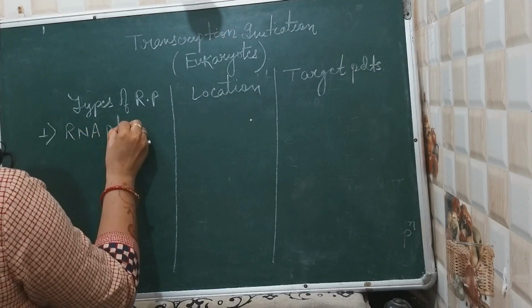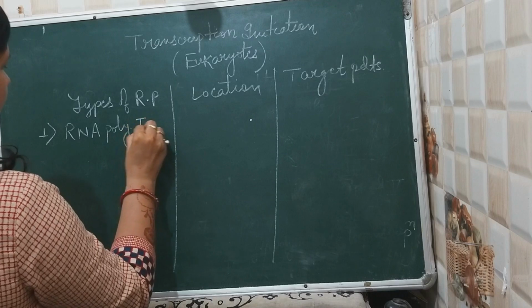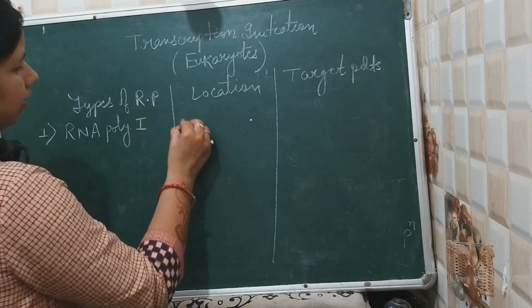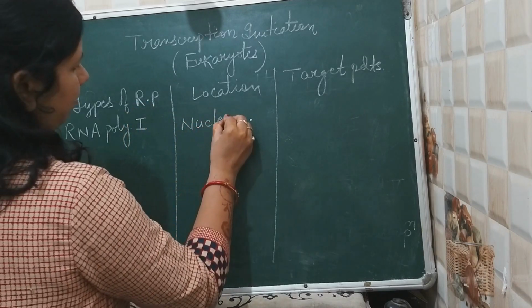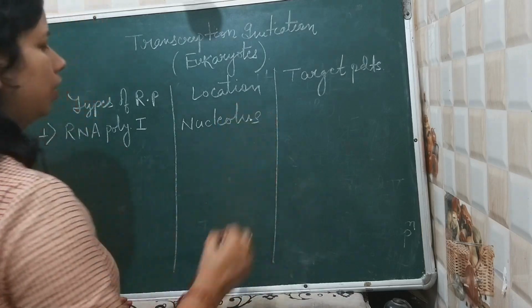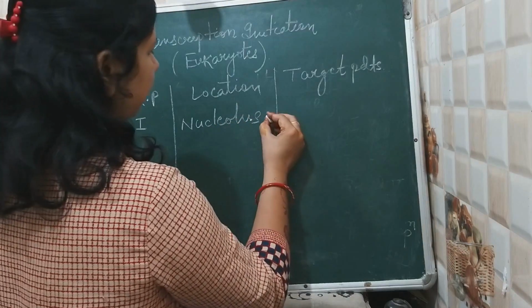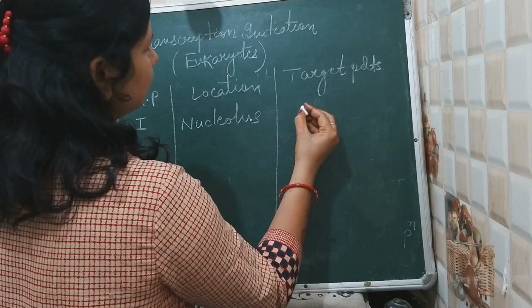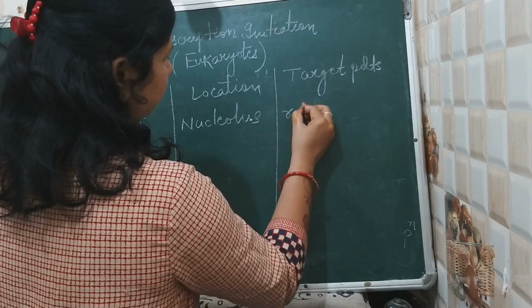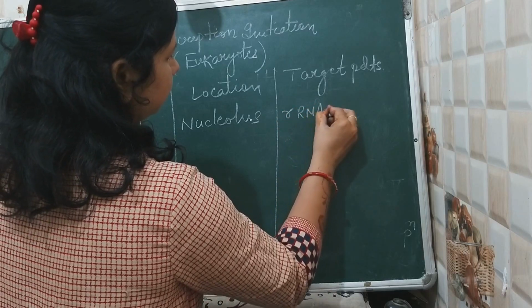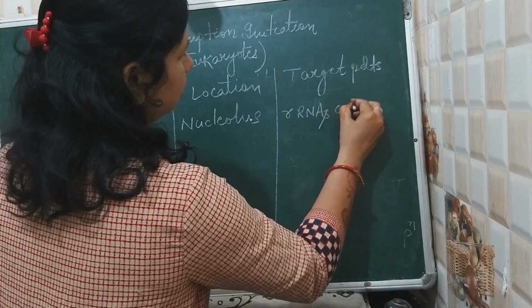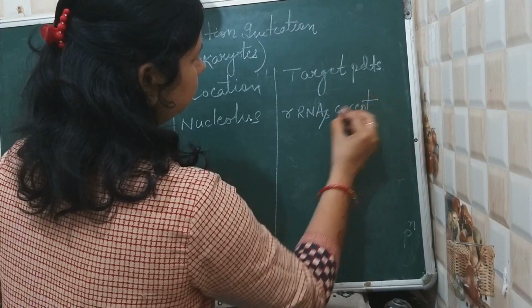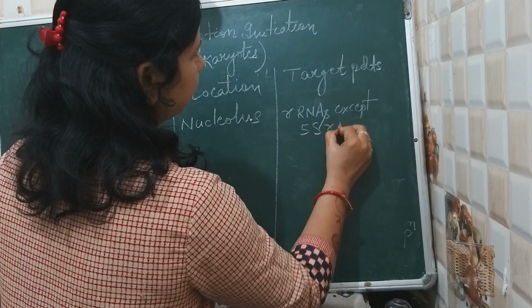RNA polymerase type 1 is located in the nucleolus and it is mainly responsible for the synthesis of all types of rRNAs excluding 5S rRNA.